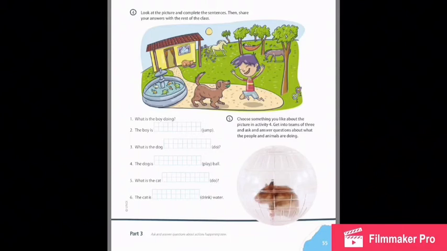Write the verb jump and add ing. The boy is jumping. Number 2, what is the dog do? You have the verb do, but you have to add ing. What is the dog doing? Perfect. Okay, now complete all the questions and the answers with ing.